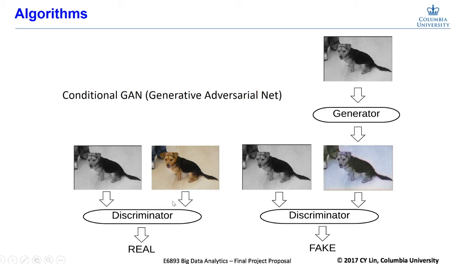On the other side of the discriminator, the original image is concatenated with the grayscale image and put together in the discriminator. Thus, the discriminator will tell which one is real and which one is fake, and then give feedback to the generator. After many rounds of training, the generator will improve its performance to generate a more lifelike image.